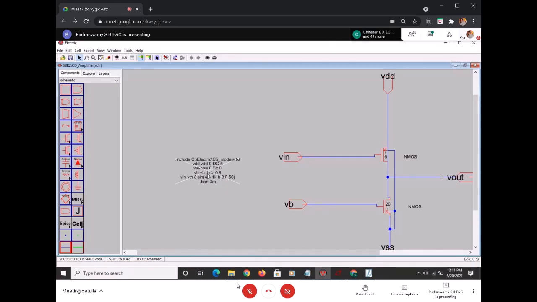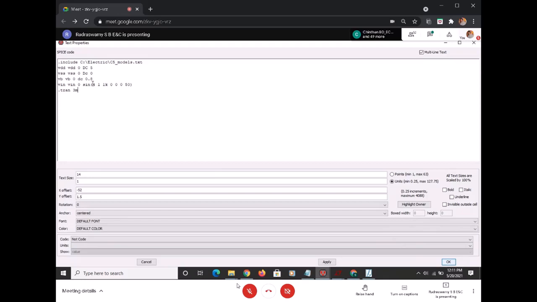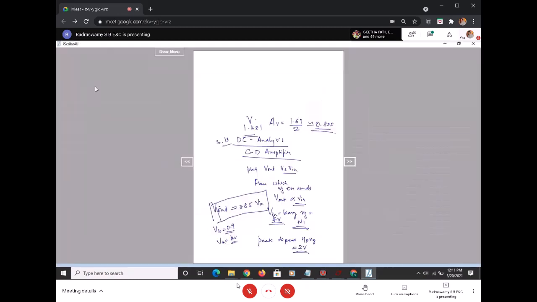In this case, this is the V in, on this biasing voltage, which is 4 volts DC. I'm applying the sinusoidal input of plus 1 volt, minus 1 volt, so peak to peak is 2 volts, with 4 volts as the DC biasing.